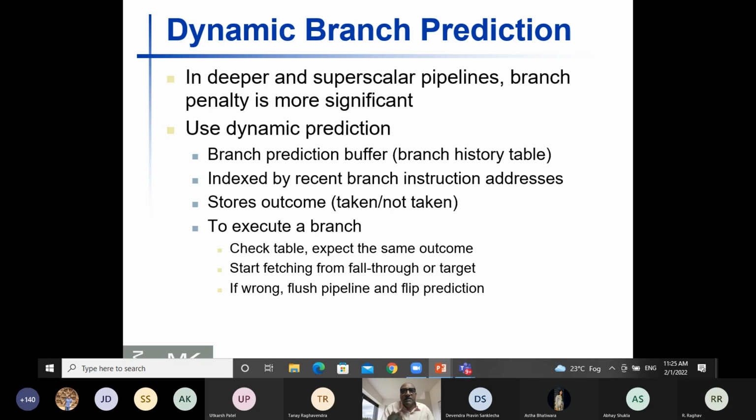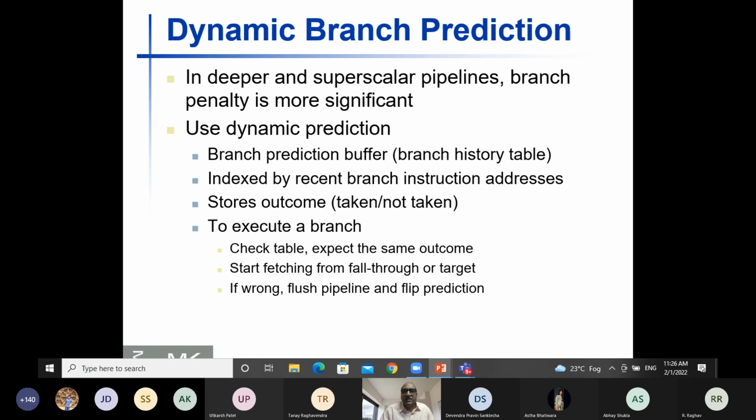Then there itself you can have some circuitry to predict whether this particular instruction will take the branch or not. If it is not taken, then PC plus 4 will be used. If it is taken, assume that in the fetching stage itself you come to know, by using some additional hardware, that you can predict the branch.